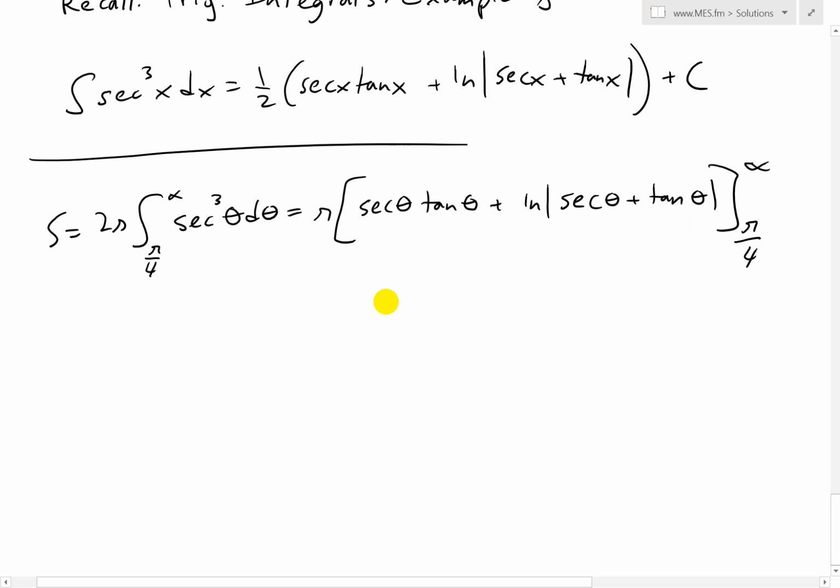So we have this, now we just evaluate it. This is pi, plug in alpha: secant alpha times tan alpha plus ln of secant alpha plus tan alpha. Let's just write it like this.